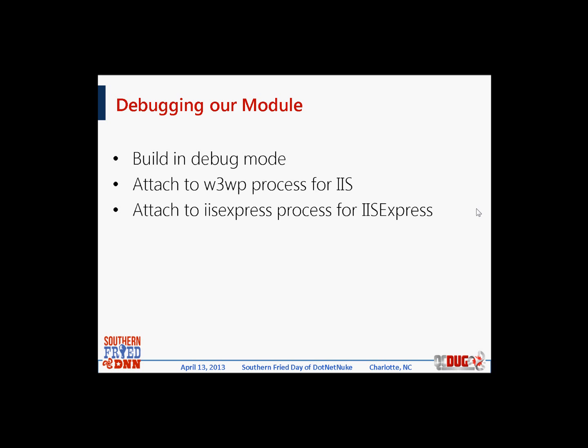If you're using IIS to host your site, you'll attach to the W3WP process. In my previous videos and what I've shown in my demonstrations using WebMatrix, since it uses IIS Express, the process name is IIS Express. So you just set your breakpoints and you refresh your browser with your module on the page and make sure you attach to the process, and you should be able to hit your breakpoints and start debugging.